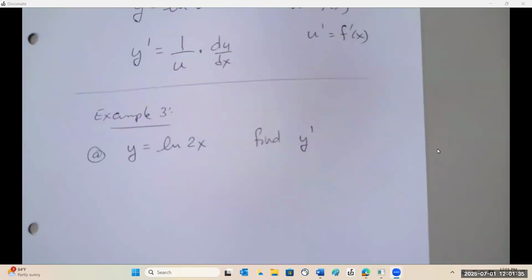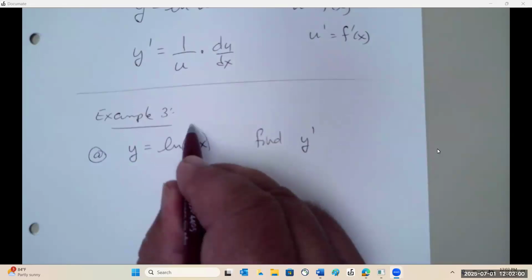So y equals ln 2x. Find y prime. This is the u part.